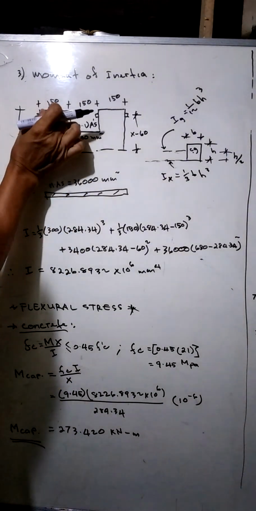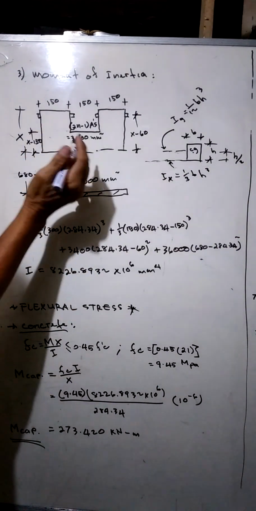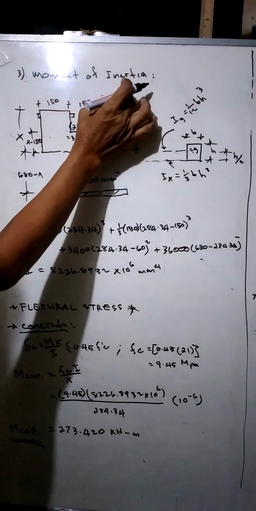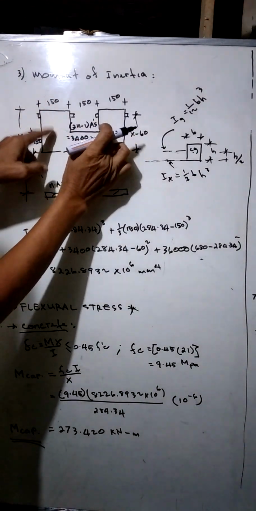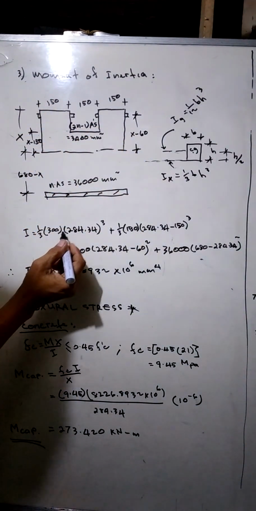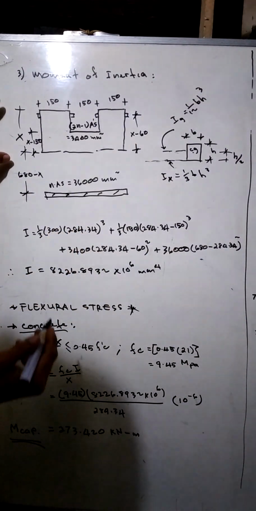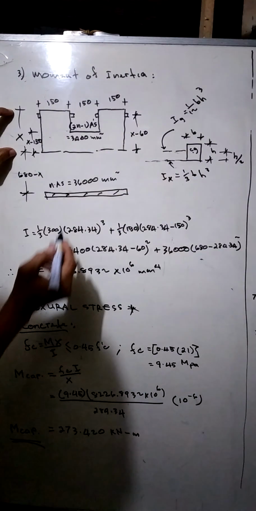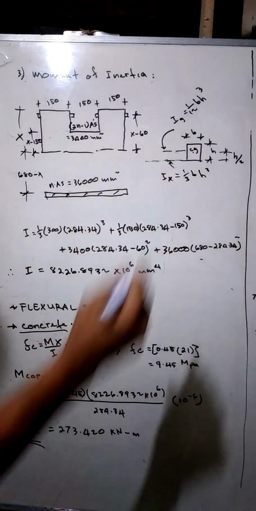1/3 times 300. I combine the 150 because this is identical. So 300 times the value of the height, which is x, 284.34 to the third.